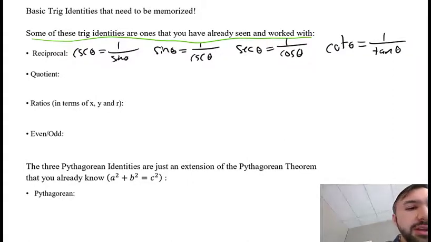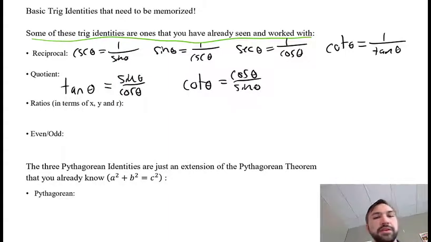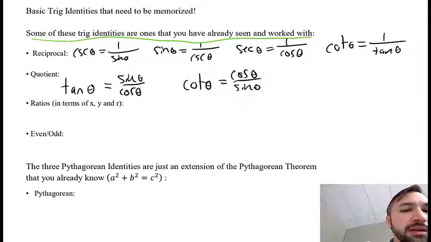Okay, quotient identity. You should know the tangent one now. Tangent is sine divided by cosine. And so technically cotangent is also cosine over sine, but since these are just reciprocals, you can just flip it over. Okay? When we did the unit circle unit, we first started talking about sines, cosines, tangents, and the others in terms of x, y, and r.